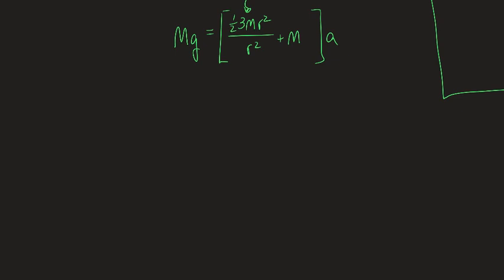Do you see that the R's cancel out? That is super common because how fast the weight falls depends on how big R is. So the R's cancel and I get 3/2 M plus M all times A.